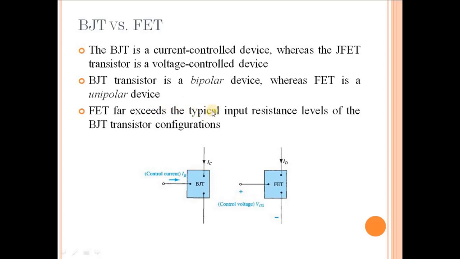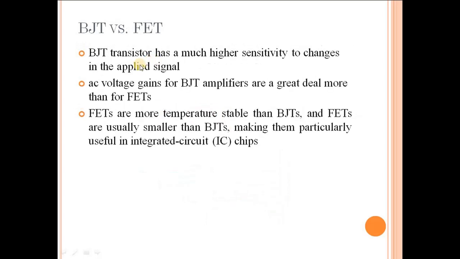The next thing we can discuss is that BJT transistors are very sensitive to changes in the input signal. Even a small change in input signal will result in a larger change at the output of the BJT circuit. Whereas FETs are not so sensitive.